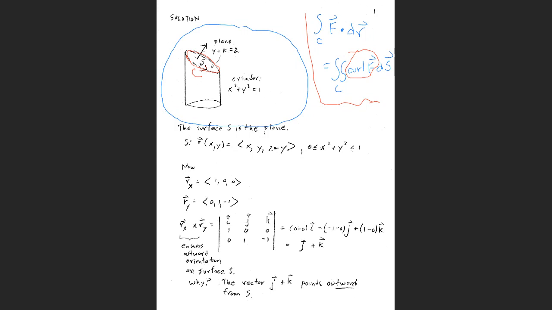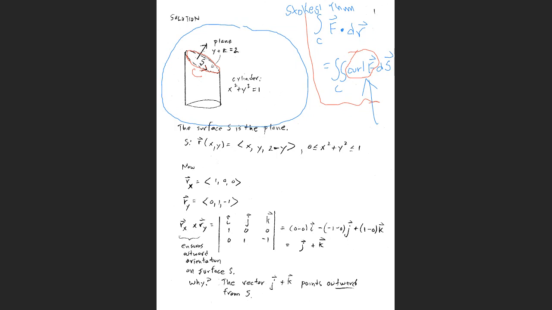So since I have to compute a flux integral for Stokes' theorem, I better get the parameterization for my surface.